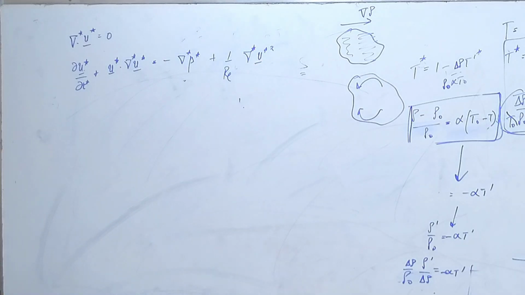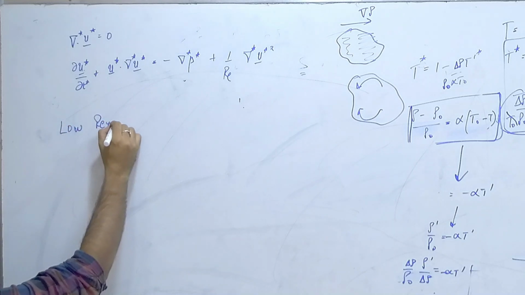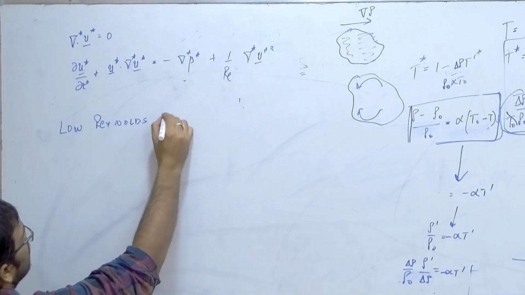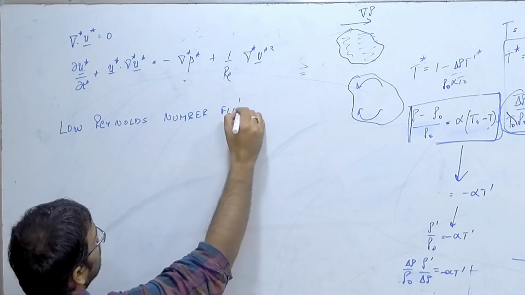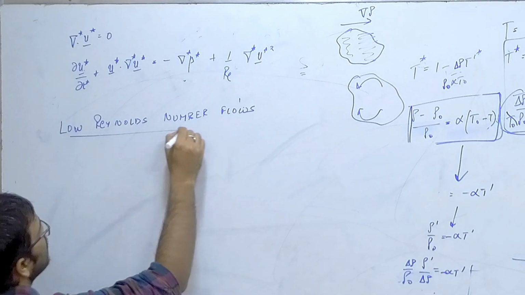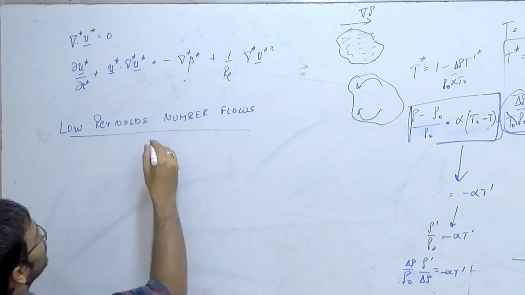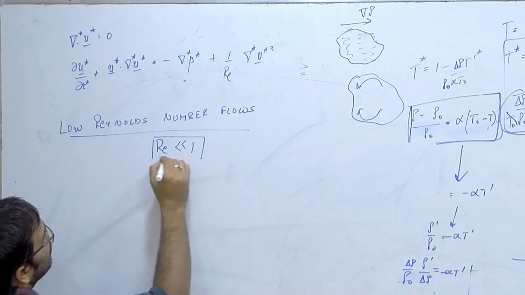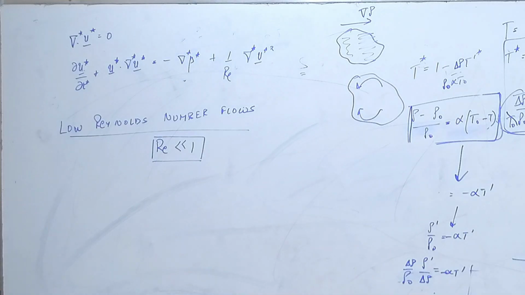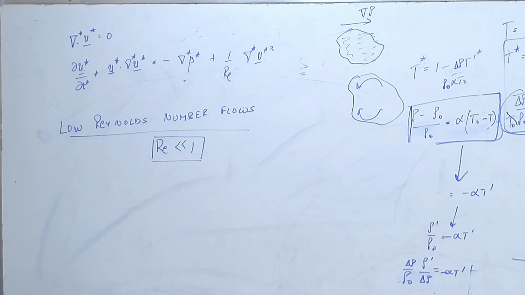And I would like to use this to start our discussion on low Reynolds number flows, or you can think of them as flows where Re is much less than 1. Okay. Re is much less than 1.